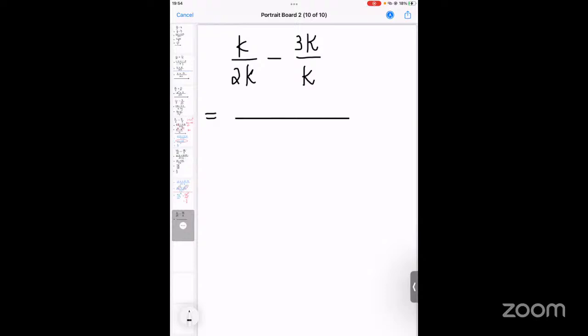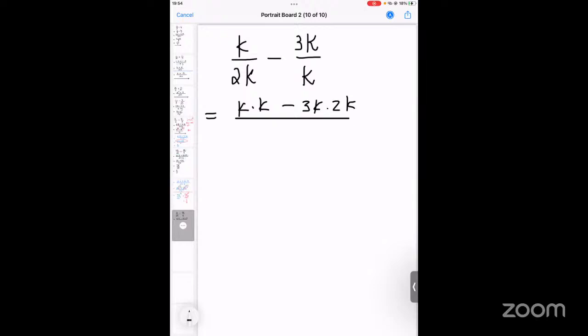Okay, first I started by writing as the numerator k times k, minus 3k times 2k.